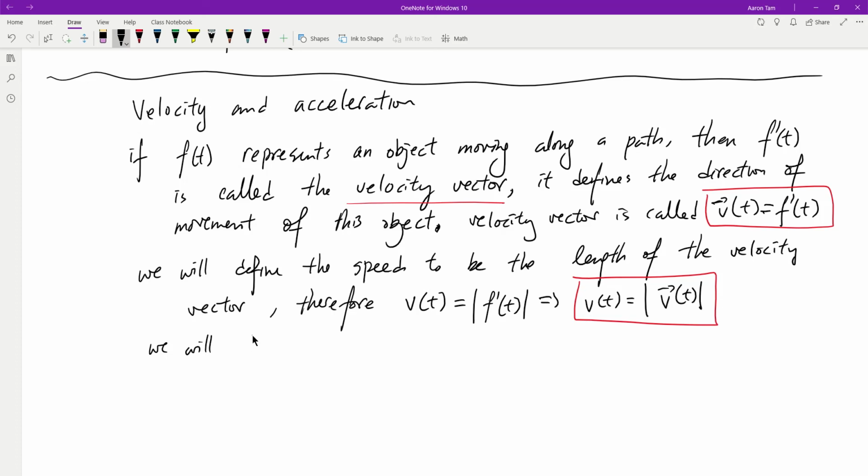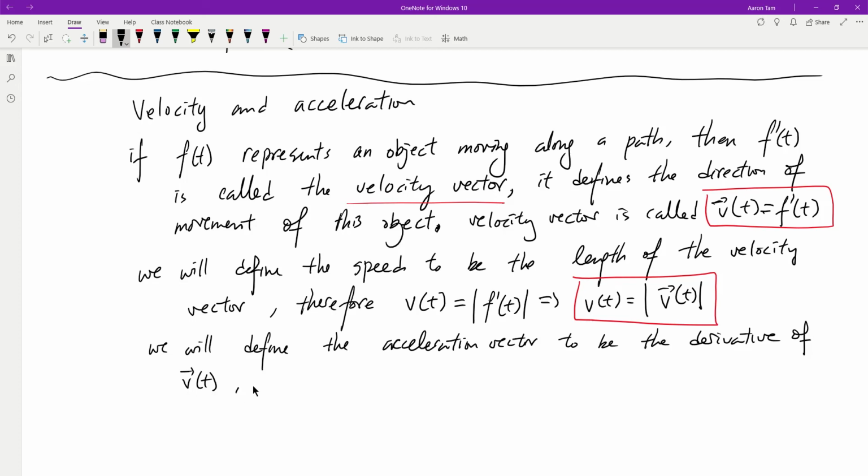So we will define the acceleration vector to be the derivative of the velocity vector, or the second derivative of the function f of t.